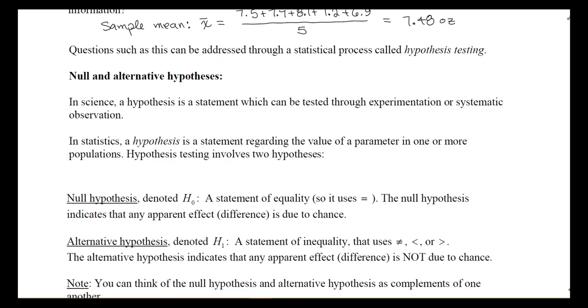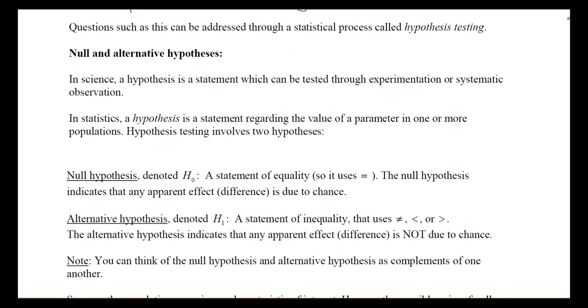And in hypothesis testing, we're going to have 2 hypotheses. One of them is the null hypothesis, which we usually call H0. And this is generally a statement of equality. And so the null hypothesis indicates that any apparent effect or difference is due to chance.